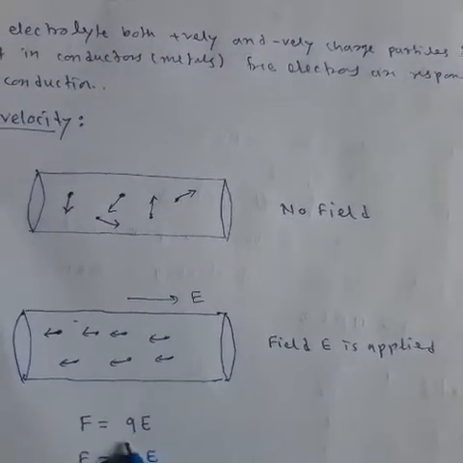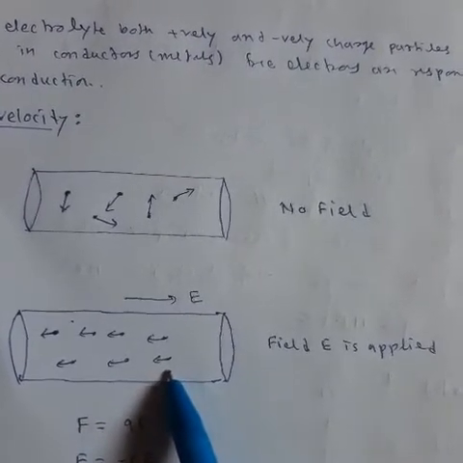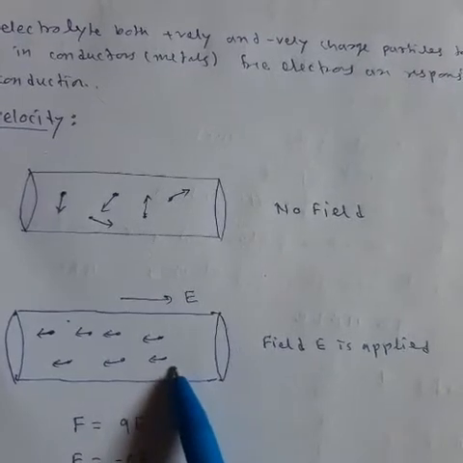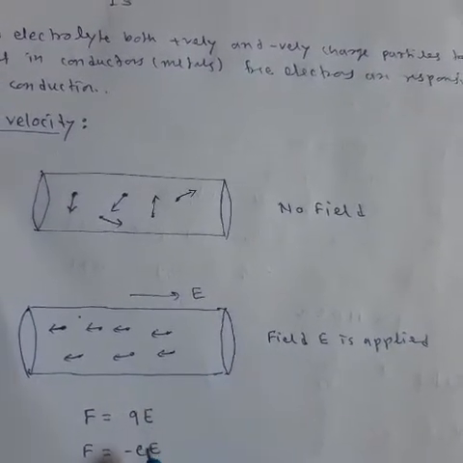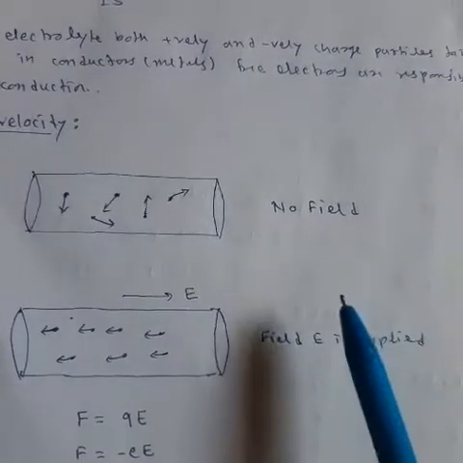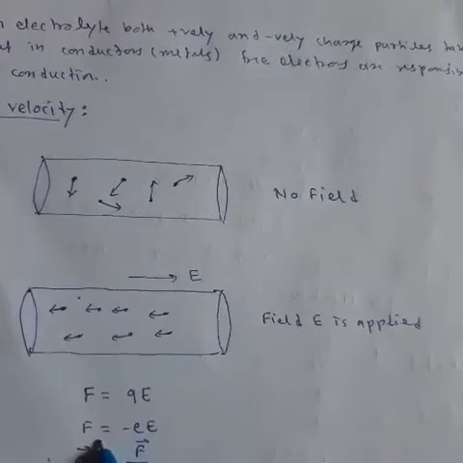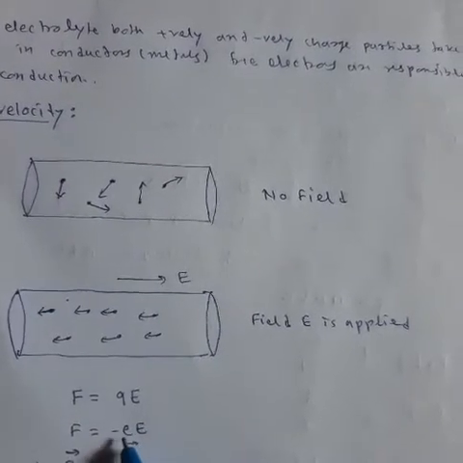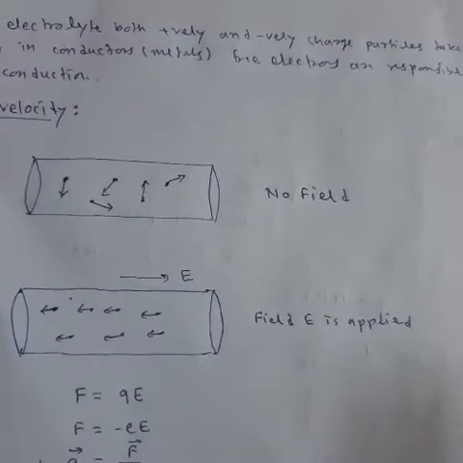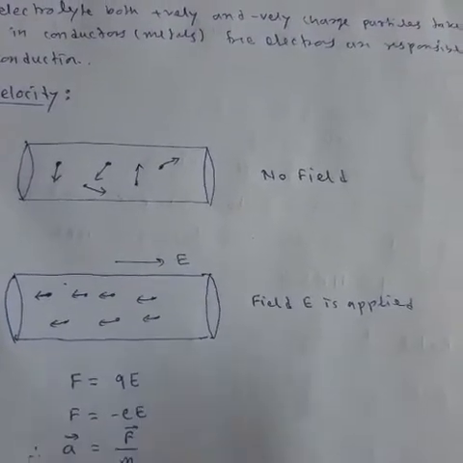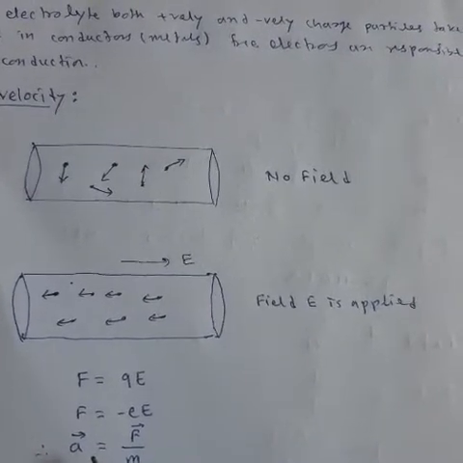But in this case, charge means electron, and charge on the electron is denoted by e, and its sign is negative because the electron is a negatively charged particle. Therefore, force acting on an electron is given by minus e into capital E, where capital E is the electric field.